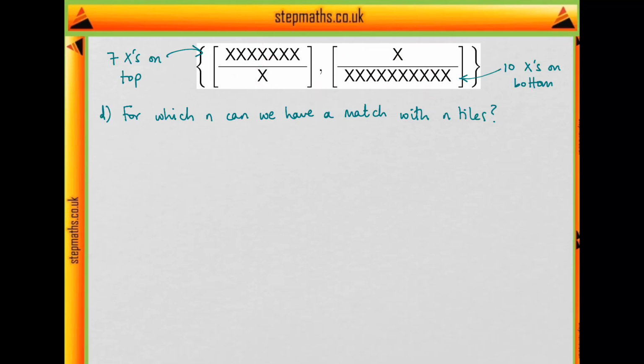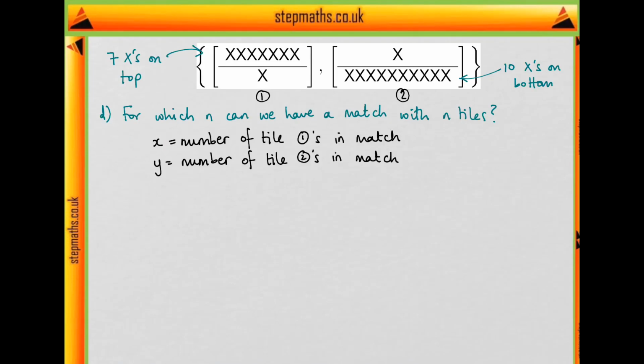Okay, so if I call this tile 1 and this one tile 2, then let's say that x is the number of tile 1s in our match and y is the number of tile 2s. And now we know that the number of X's we get on the top will be 7x plus y. So 7x from the x number of this tile, which have 7 X's on the top each, and the y is from the y number of this tile.